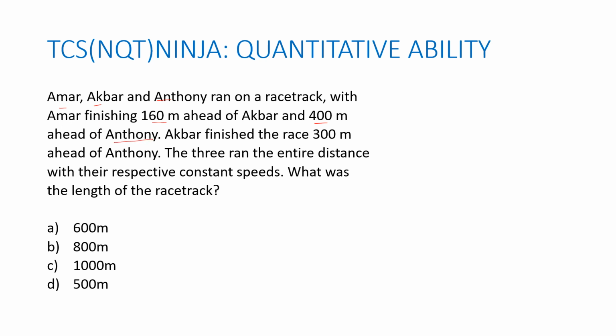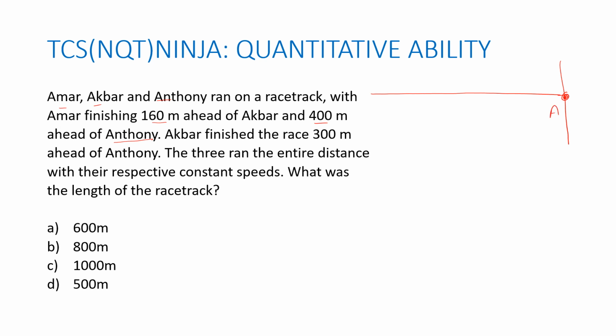Okay, at this point of time, let me draw this instance. Three people are running the race. I would say this is my finishing line. And what is given in this first sentence? Amar is the one who completed the race, who is on the finishing line. And when he is completing the race, he is on the finishing line.